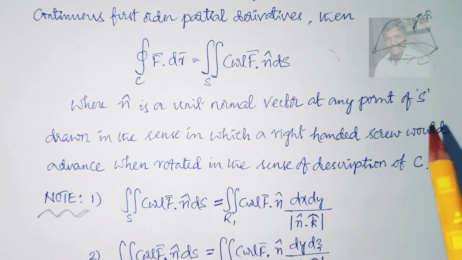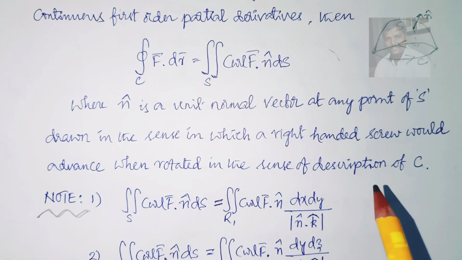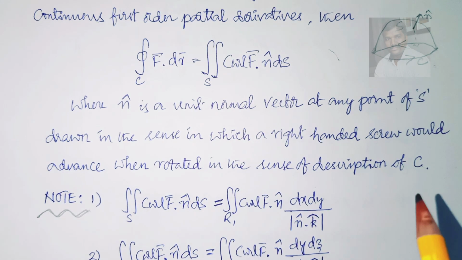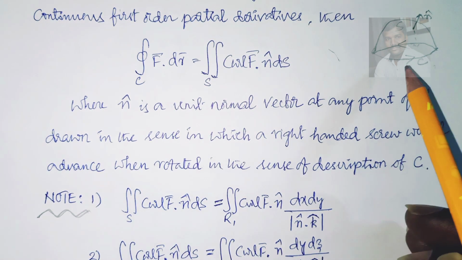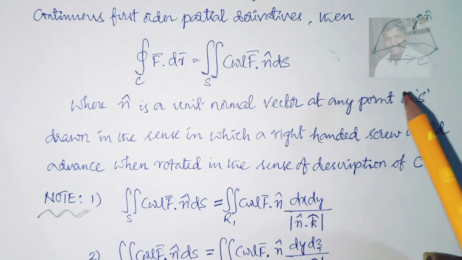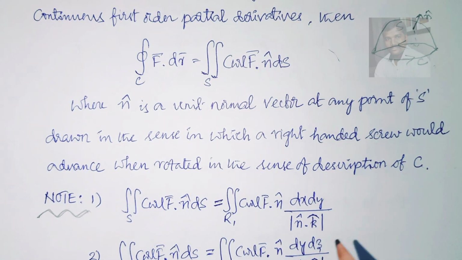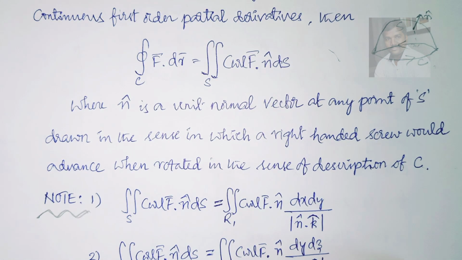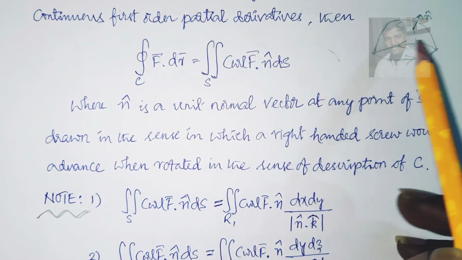If you want to open the cap of the bottle, in which direction do we move the cap? We move it in the anti-clockwise direction to open the cap. To close the cap, we move it in the clockwise direction. That is one simple example to remember the orientation of C.